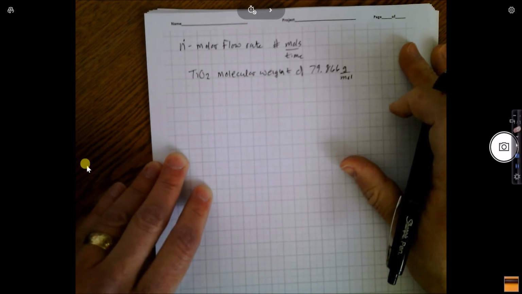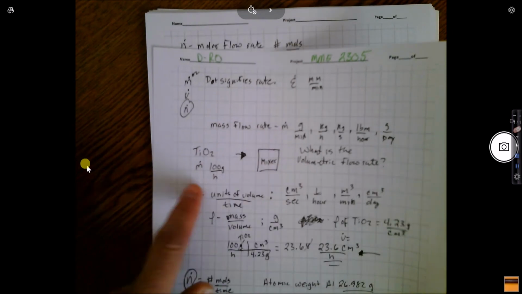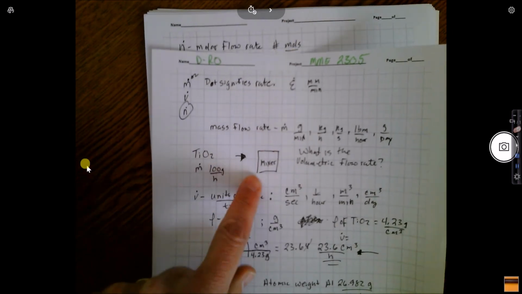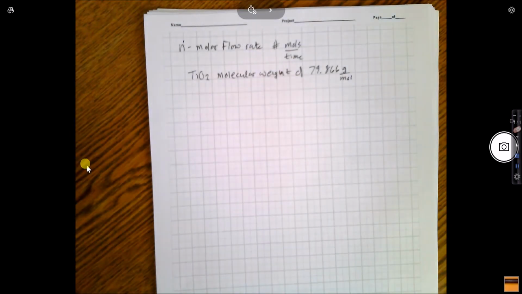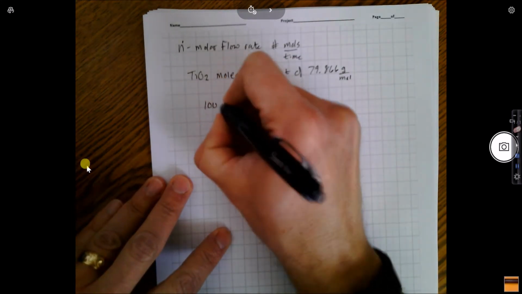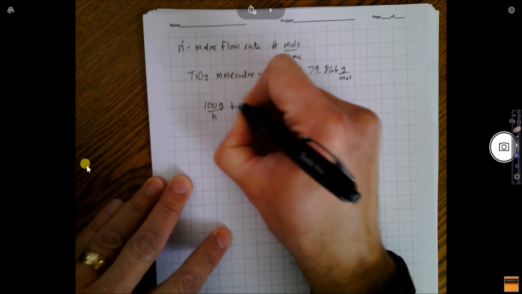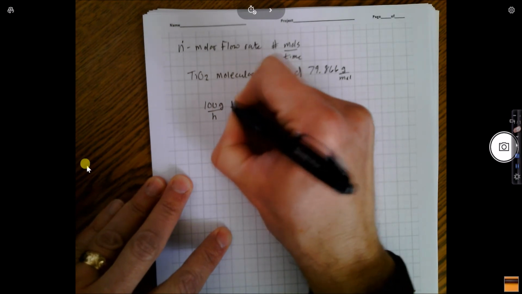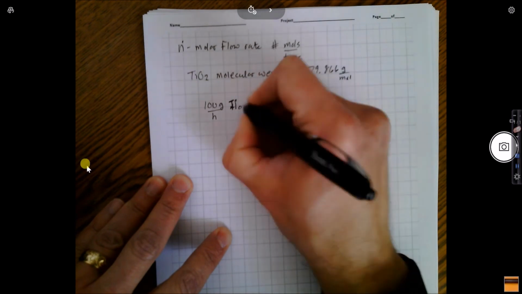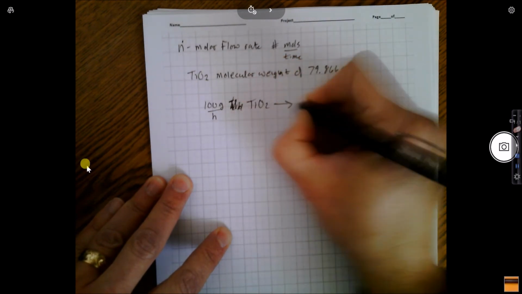Let's go back to our first problem where we said we had 100 grams per hour of titanium dioxide going into our paint mixer. So we'll recap or redo this. We had 100 grams per hour going into a mixer.